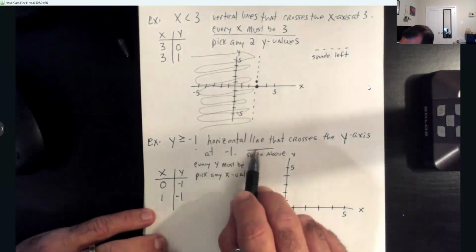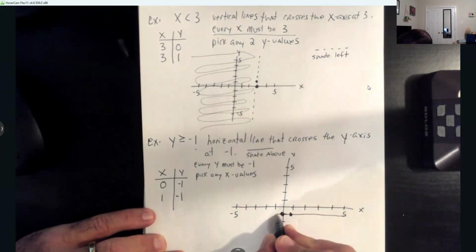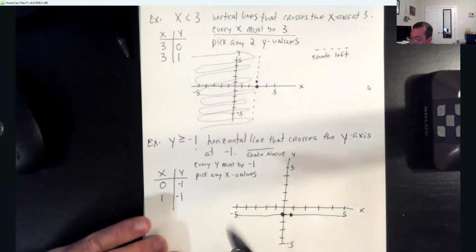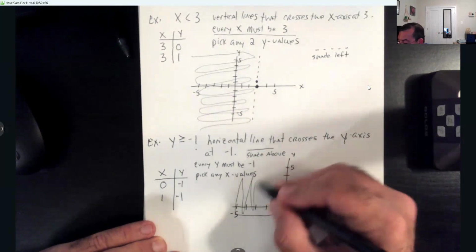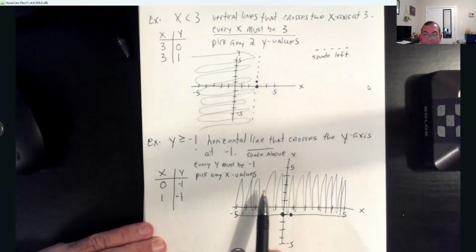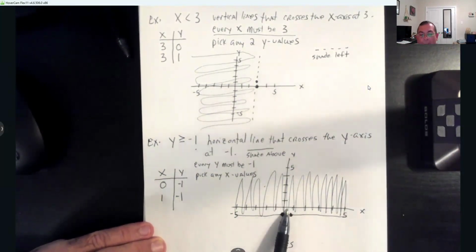We said it was a solid line. So we would have our solid line going across. And then we said we would shade above, which means everything that I shaded has a Y value that is greater than or equal to that -1 Y value, okay?